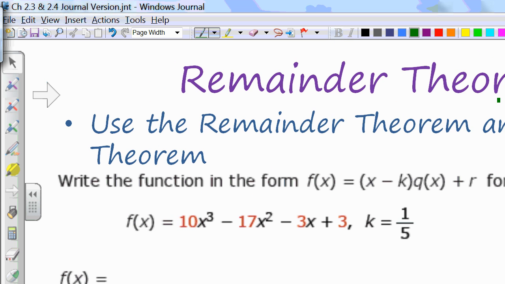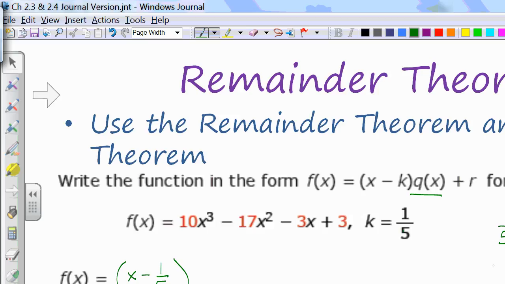Remainder theorem and the factor theorem: write a function in the form of, this is what I was talking about, (x minus k) q of x plus r, for the given value of k. So k is 1/5, so we have x minus 1/5.